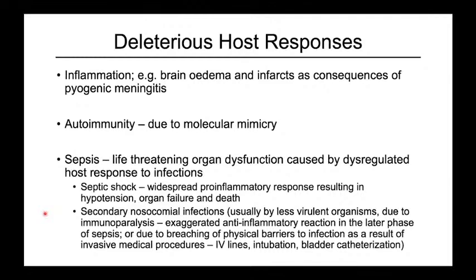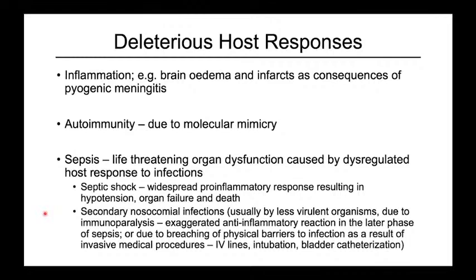If there's molecular mimicry, you can develop autoimmunity. And then the other deleterious response is sepsis, which is of course provoked by the inflammation, but this time it's dysregulated and it becomes overwhelming. Sepsis doesn't occur only with extracellular bacteria. We also see it with other pathogens, for example, viruses like SARS-CoV-2, okay?